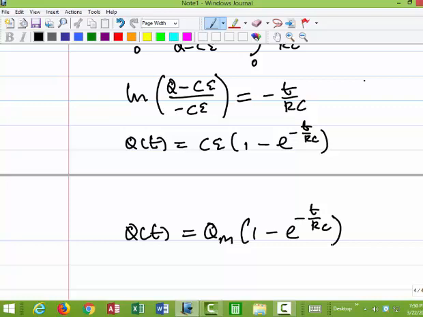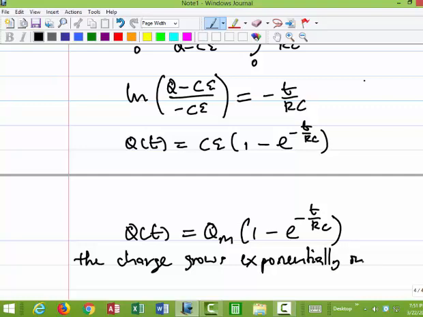So this is basically the formula for the way the charge grows on the capacitor when the capacitor is charged. So the charge grows exponentially on the capacitor as it charges.